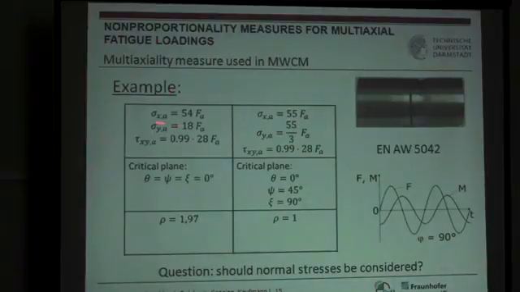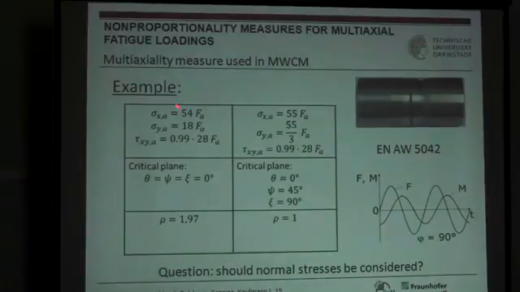Locally we have this sigma x amplitude equal to 54 times the force amplitude. And then we have tau xy, which is also proportional to the force amplitude. And the other loading has just a slight modification.